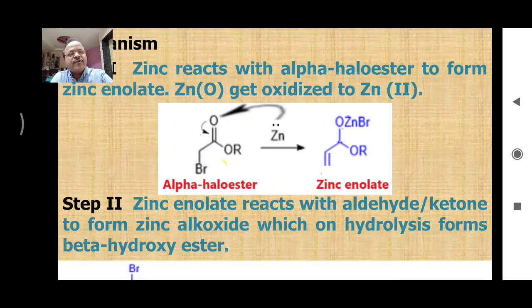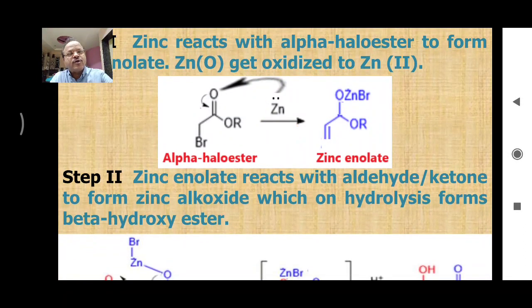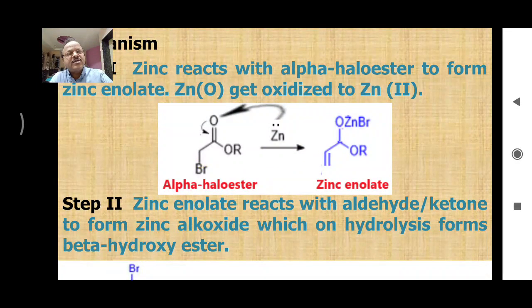This Br will get eliminated in the form of Br minus. As Zn donates electrons to oxygen, Zn will acquire positive charge. Zn plus and Br minus, there is formation of the OZnBr bond.